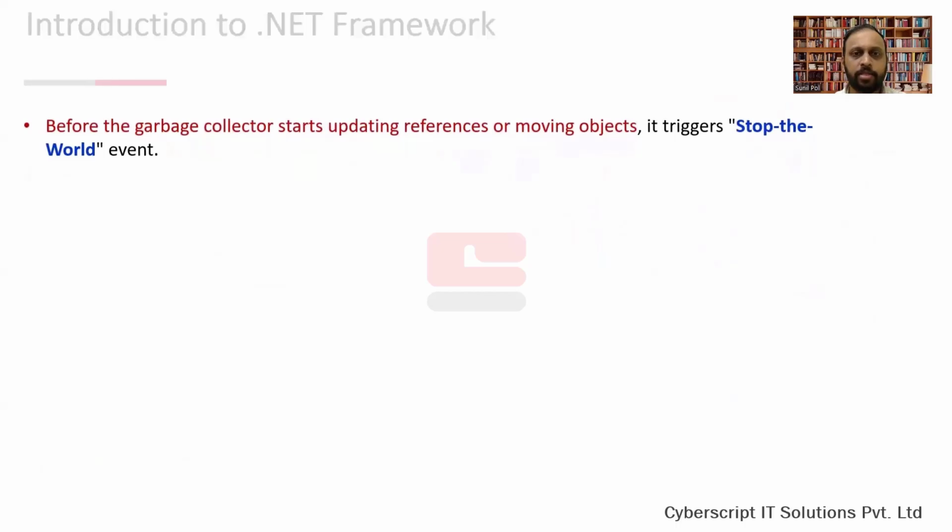Before the garbage collector starts updating references or moving objects, it triggers the stop the world event. So what is the stop the world event and what is the necessity of it? Suppose this is our stack memory.